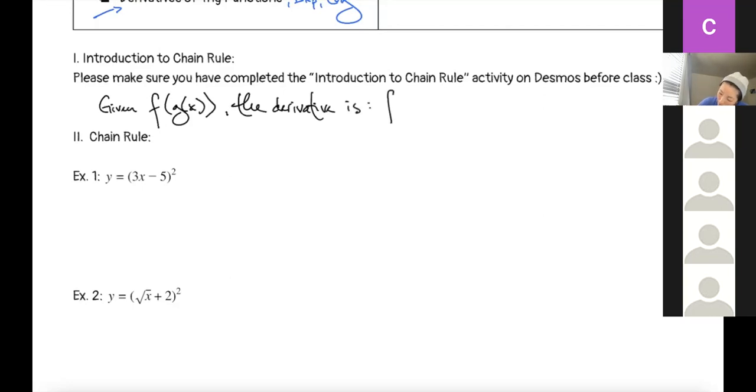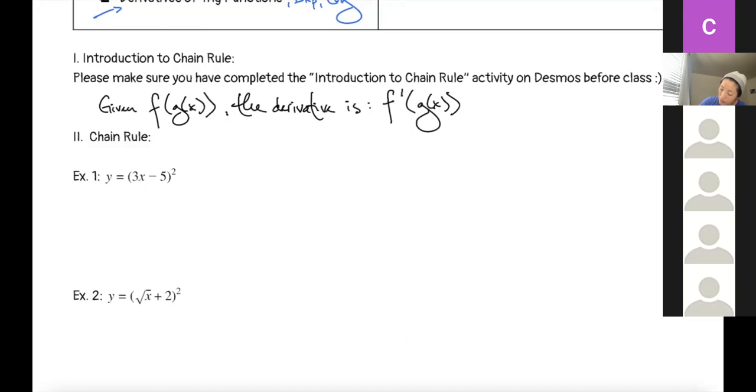We take the derivative of the outside, so f prime, and we do not change the inside piece. So we imagine for a moment that only the derivative of the outside is happening. And then we work our way in.